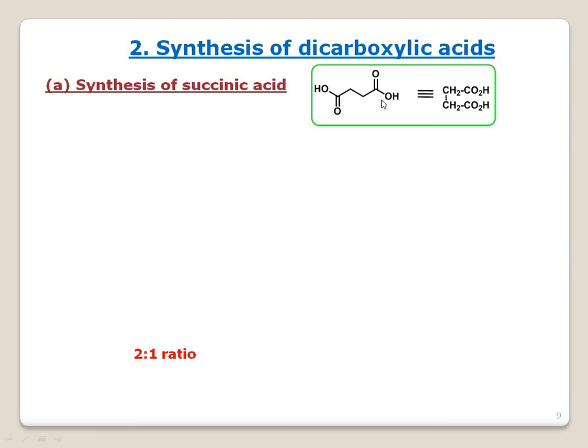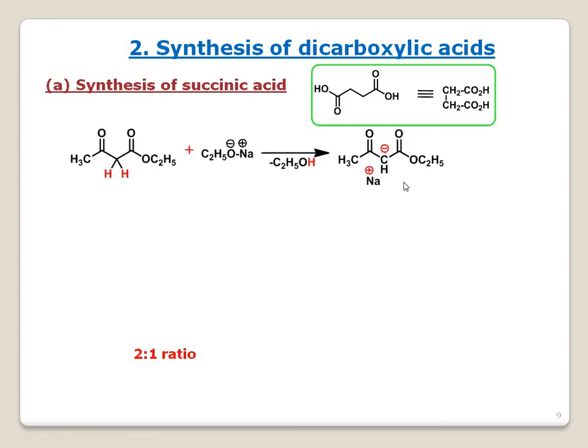This is succinic acid. If you look over here, you can have 2 carbons from the active methylene compound, and this portion we have to introduce, which also has to come from an active methylene compound, right? That is why you have to take a 2:1 ratio. Let me show you.